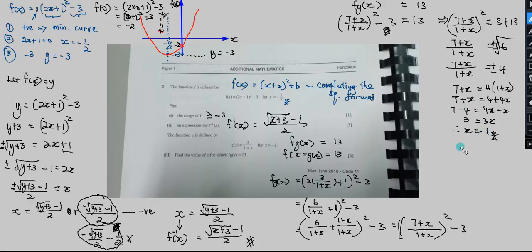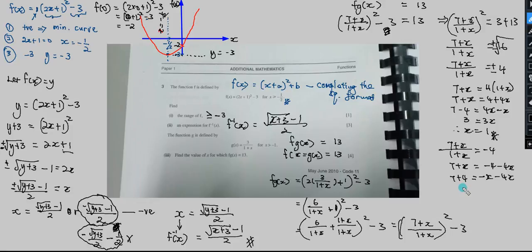Now, what about if you take the negative one: (7 plus x) over (1 plus x) equals minus 4. So similarly, 7 plus x equal to minus 4 minus 4x. Now, bring this over here, it is 7 plus 4. This one is minus x minus 4x.